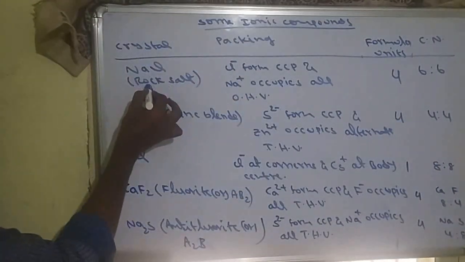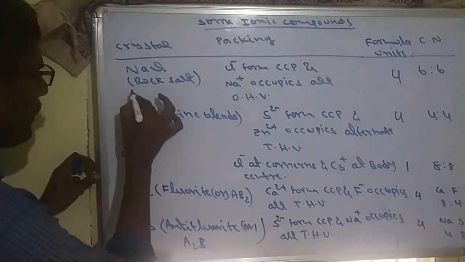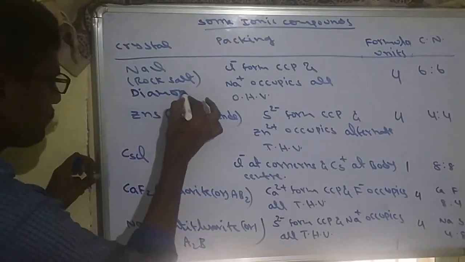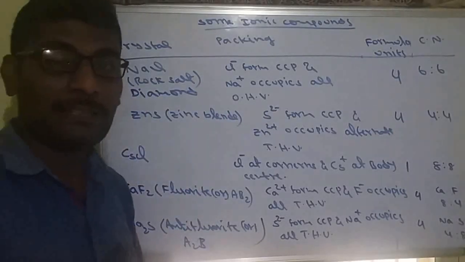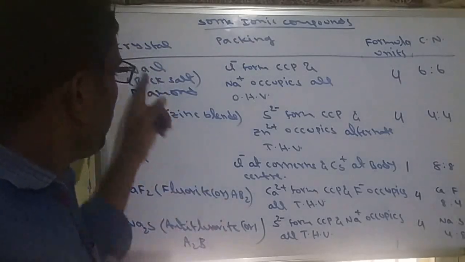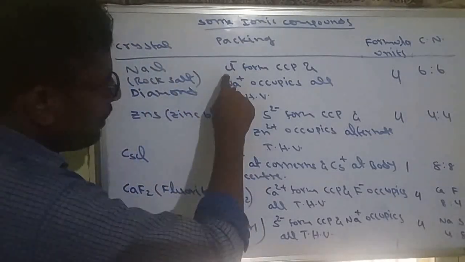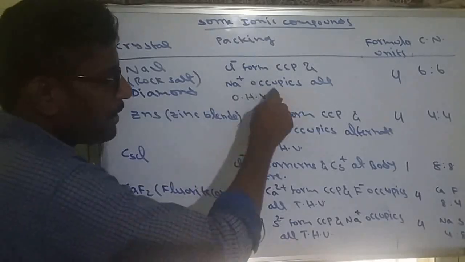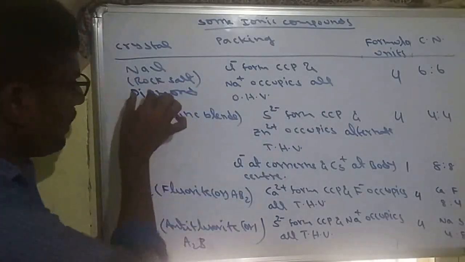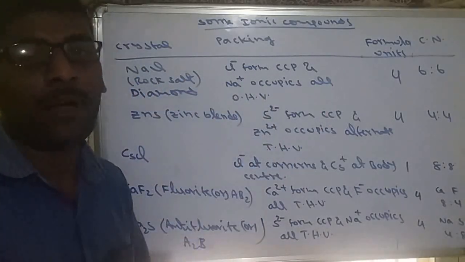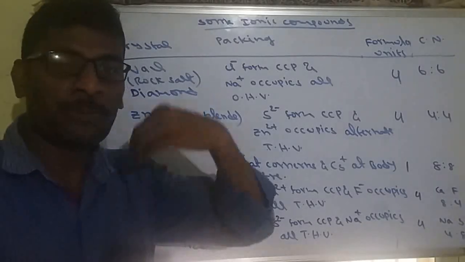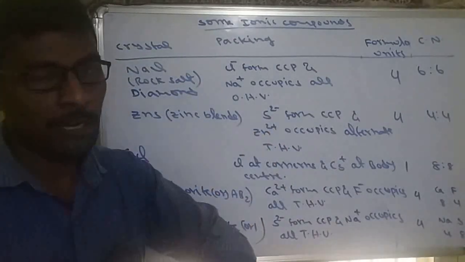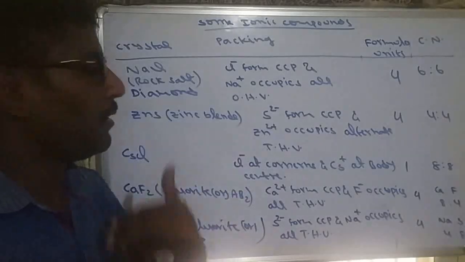For the NaCl type structure, another best example is diamond. Diamond is a NaCl type structure. But in the NaCl type structure, chlorine atoms form CCP and Na plus occupies octahedral voids. In diamond, which is made up of carbon, some carbon atoms form CCP and some carbon atoms occupy the octahedral voids.